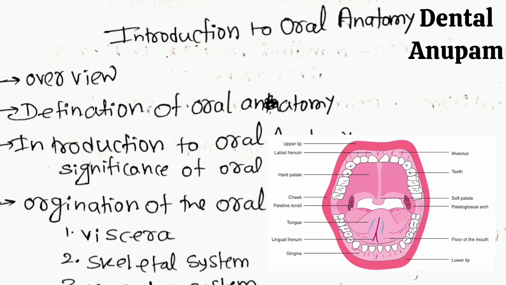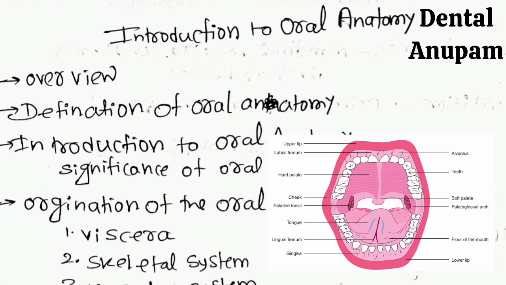Dentistry on its own can be considered a specialized branch of health science, focusing on the management of diseases of the teeth, oral cavity, and periodontal structures. Periodontal structures mean around the mouth.